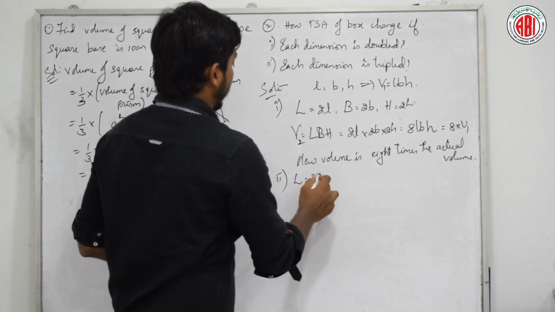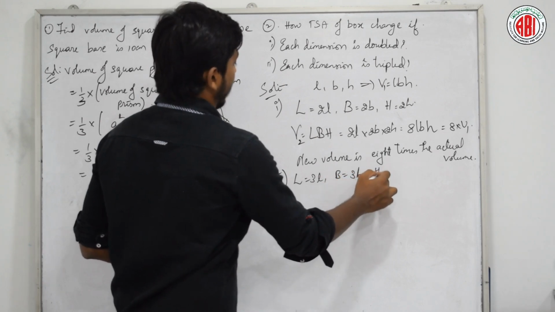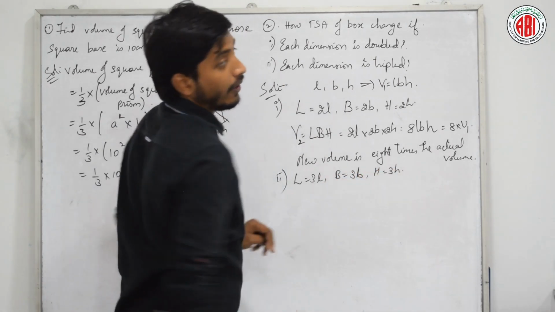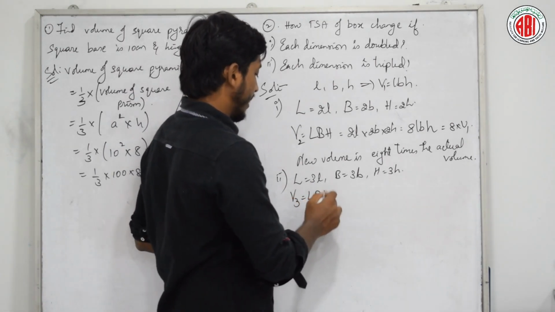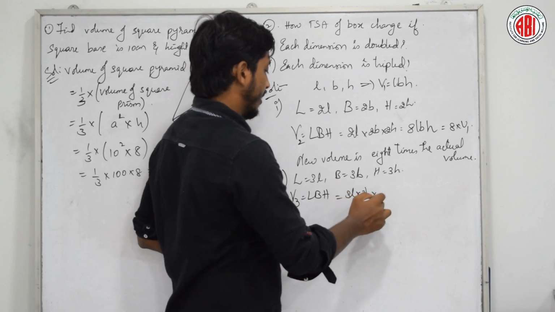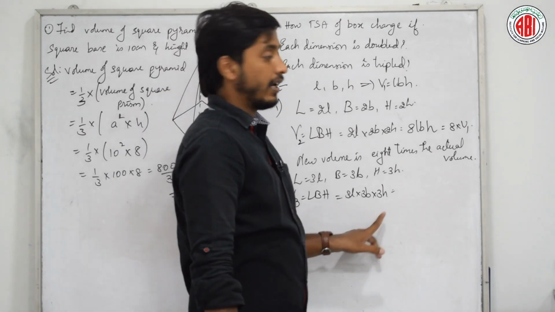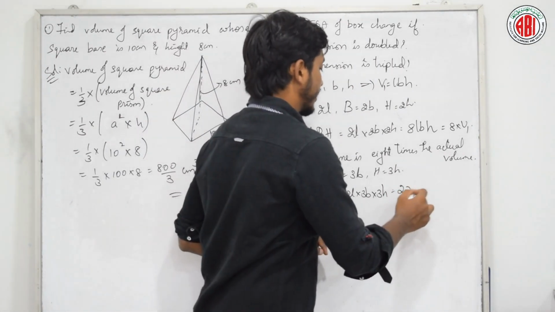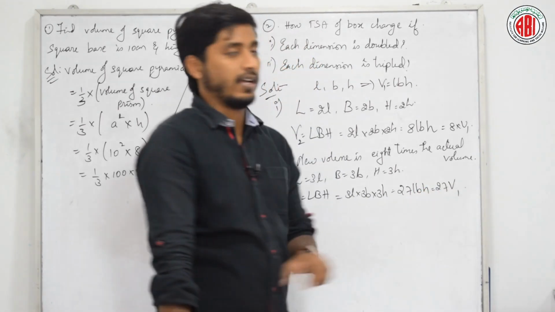Length is tripled, breadth is also tripled, height is also tripled. Then the volume is 3L, 3B, 3H. Now tell me, 3 3s are 9, 9 3s are 27 LBH, that is 27 into V1.